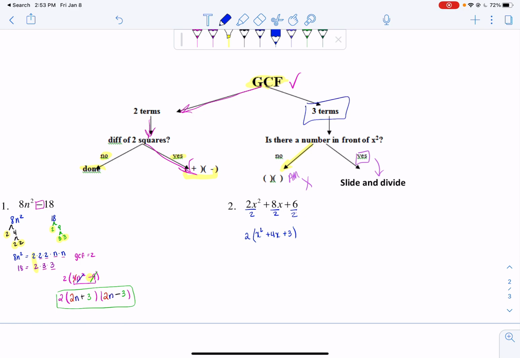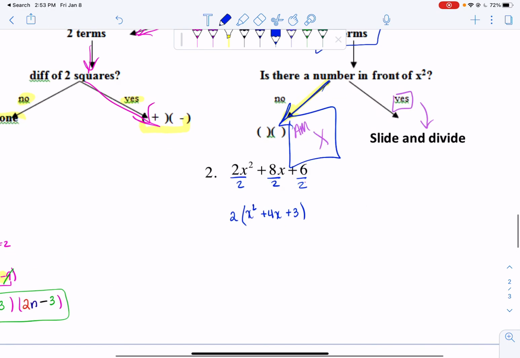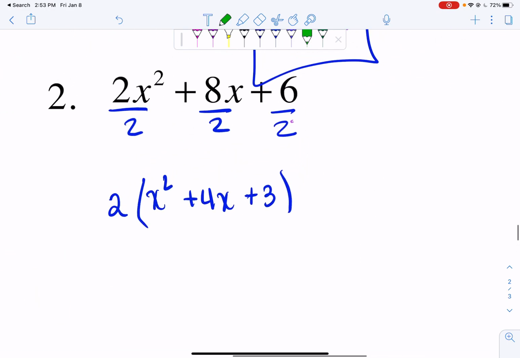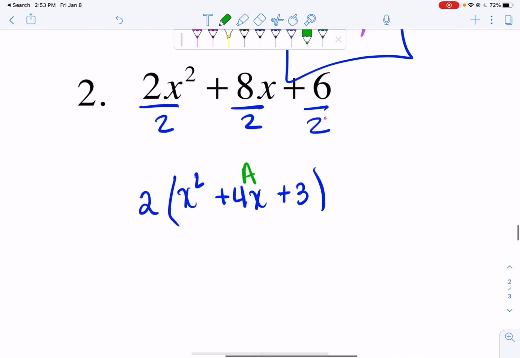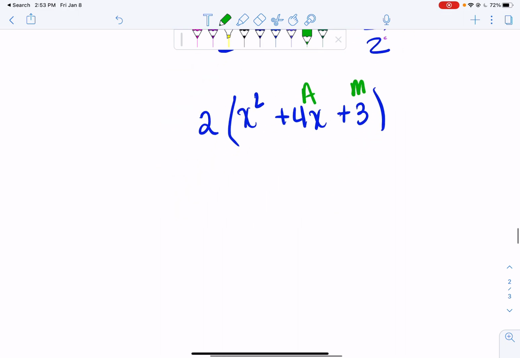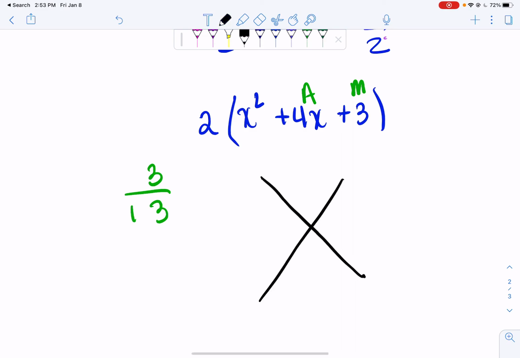So if I look, I have 3 terms. There is no number in front of my x squared, so I'm going to do the AM method and draw my diamond. I want to find 2 numbers that add up to 4 and multiply to 3. So the only numbers that multiply to 3 are 1 and 3 because it's prime. So draw your diamond. 3 goes up top because that's what you want to multiply to. 4 goes down here because that's what you want to add to.